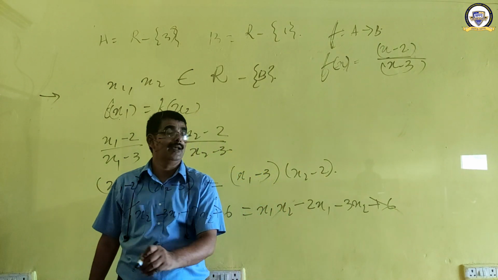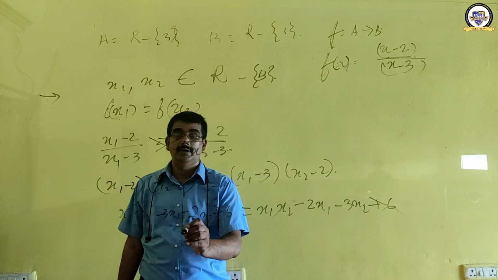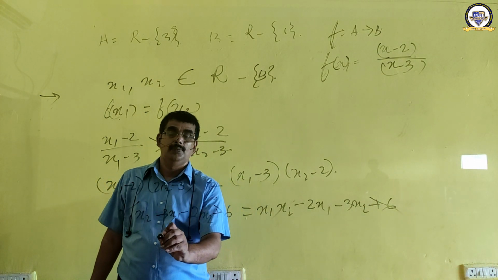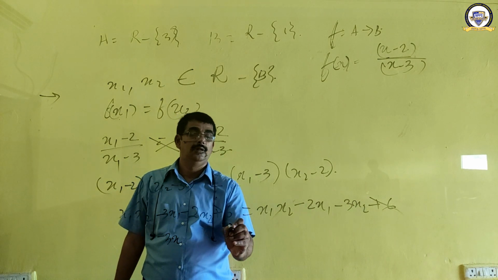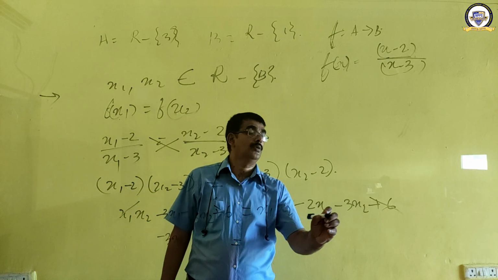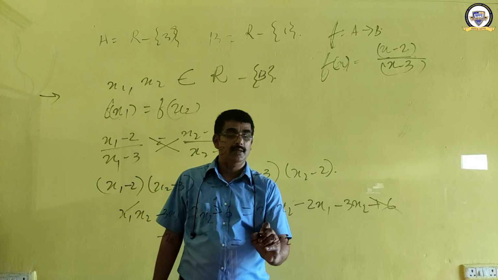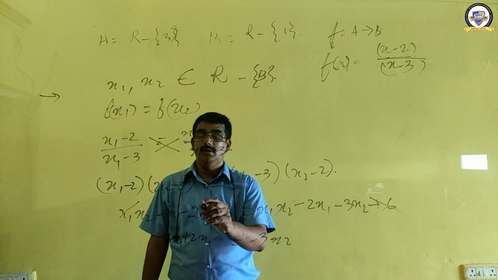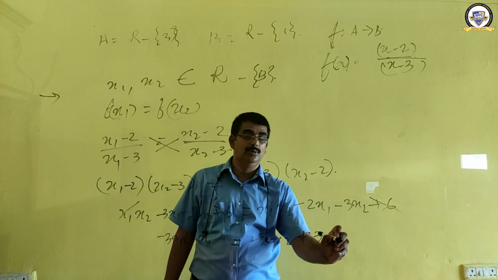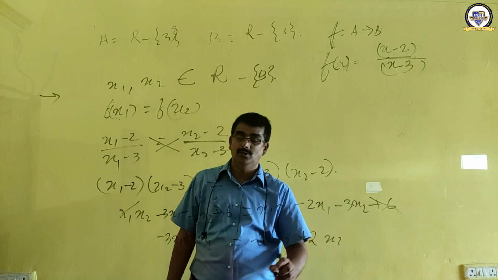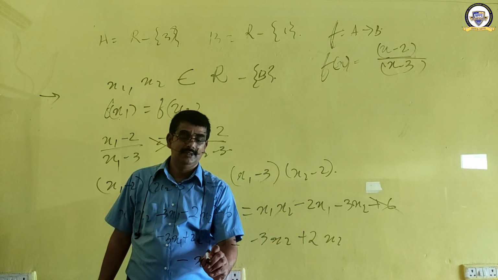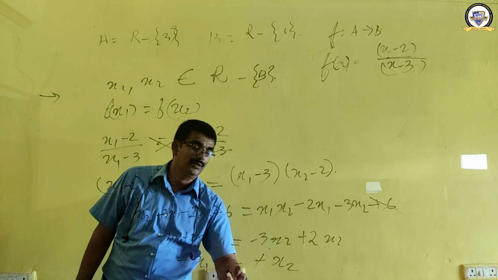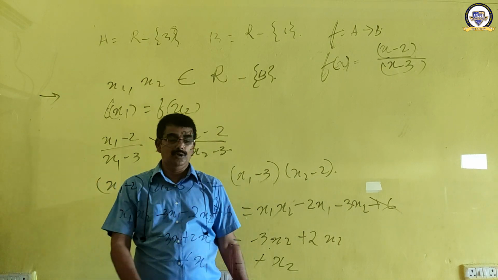The x1 x2 and the 6 cancel. Here it is minus 3x1 and minus 2x2 on the left, and here it is minus 2x1 and minus 3x2 on the right. The answer is minus x1 equals minus x2. Minus and minus cancel, so x2 equals x1.